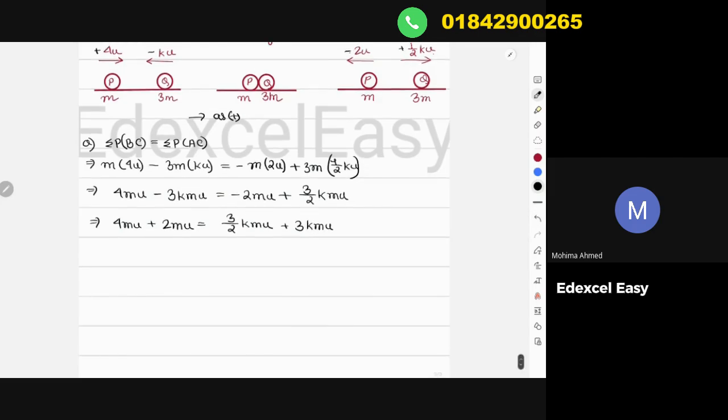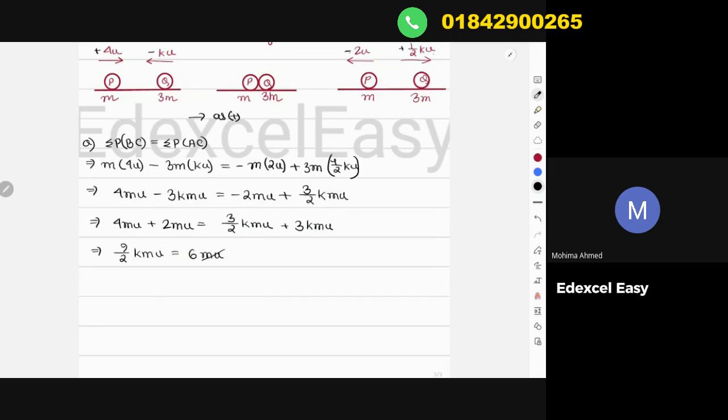And from this, if I just invert the equation, because I want to find the value for k, k should be on the left-hand side. In that case, 3 over 2 is 1.5, 1.5 plus 3 is 4.5. So we have 9 over 2 kmu, that equals 6mu.